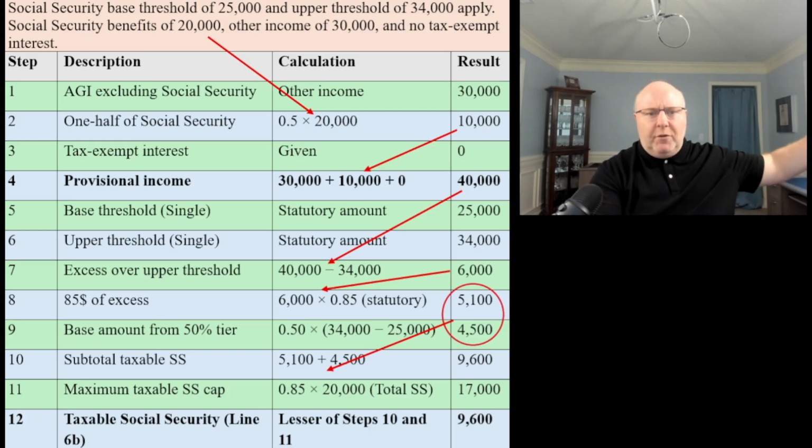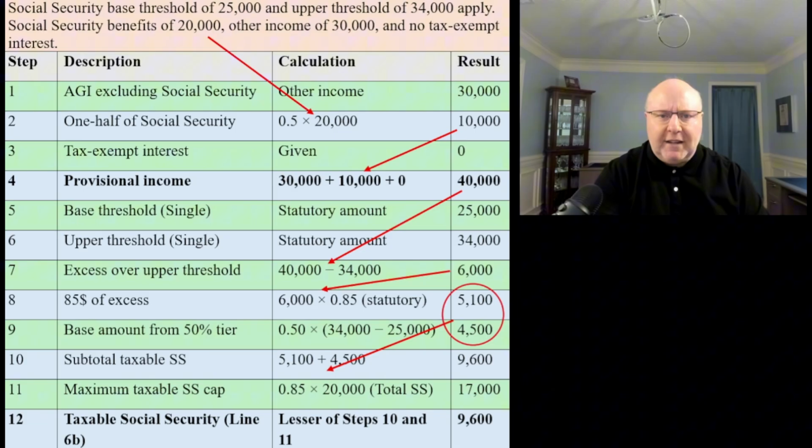So you'd have to be bringing in quite a bit for that to actually occur. Otherwise, we're looking at this 5,100 plus the 4,500, which is 9,600, right? Because we took our step 8 and step 9 together. Well, that step 10 is lower. Our total amount from those two steps was 9,600. That's the amount that we're going to include on line 6B.